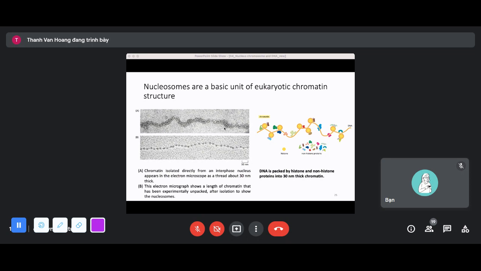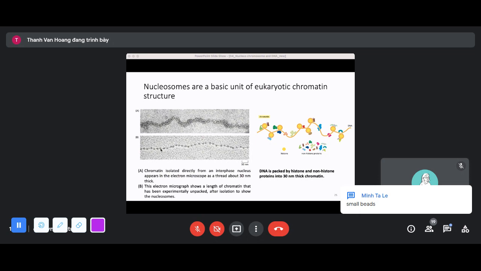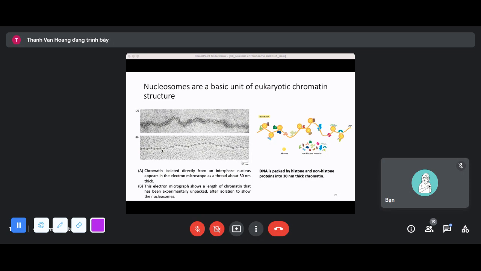Okay. If people further unpack this chromatin structure, you can see a structure like this. It's like a string with some small balls here. It's like pearls, you know. Each pearl connects with the next one with a very thin fiber.